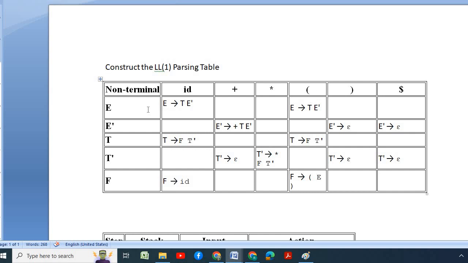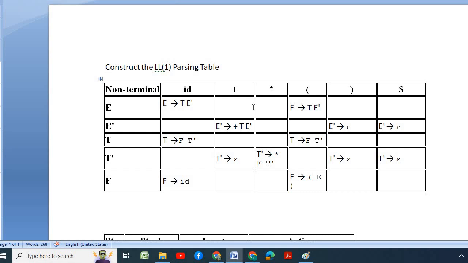Please remember, if a particular cell contains more than one production, then the given CFG is not LL1 parse. Here in this example, each and every cell contains a single production. So this is LL1 parse.